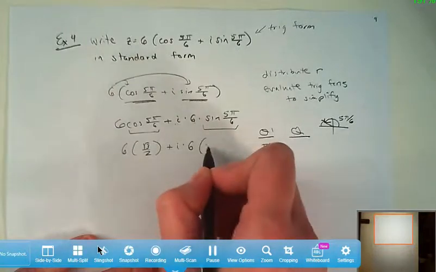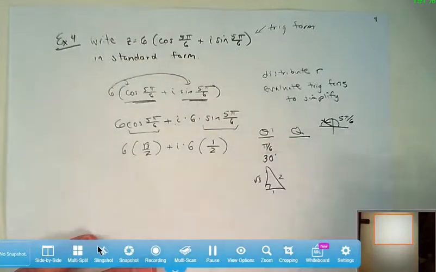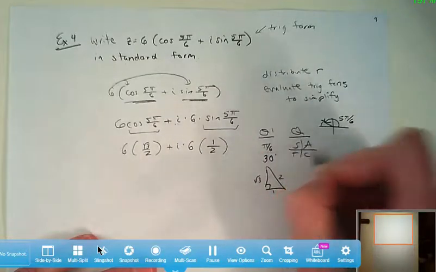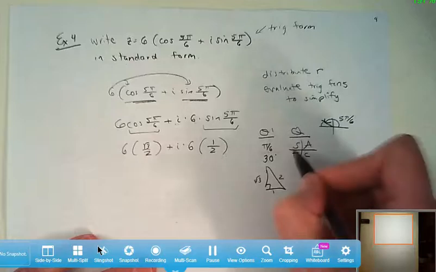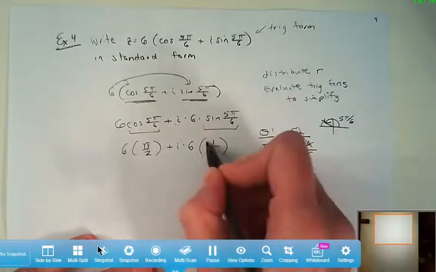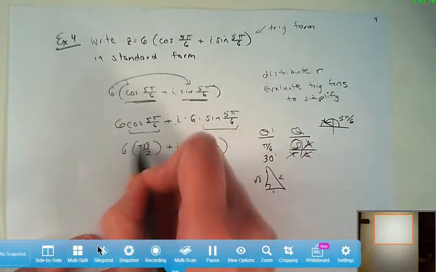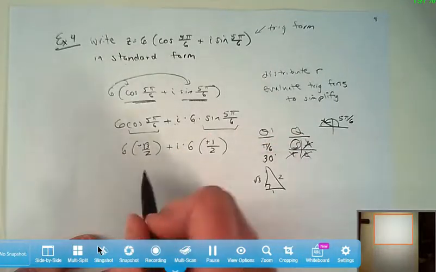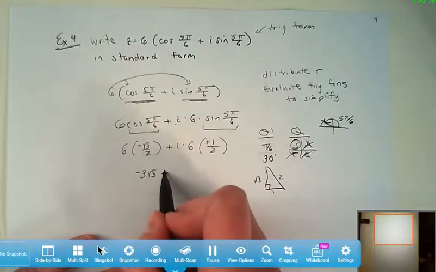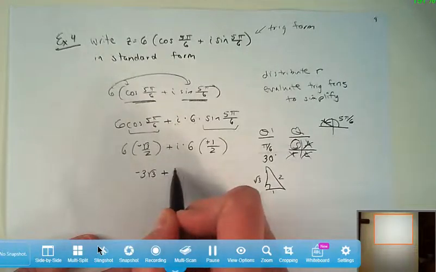And the sine of 30 degrees is going to be 1/2. And make sure you check your signs. Since 5 pi over 6 is in quadrant 2, sine should be positive and cosine should be negative. If I now go ahead and multiply, I'm going to get negative 3 radical 3 plus 3i.